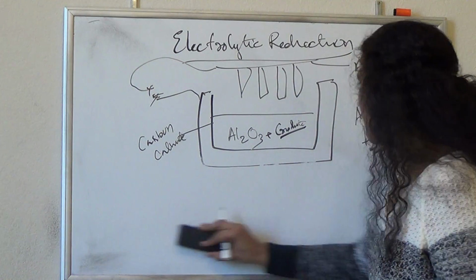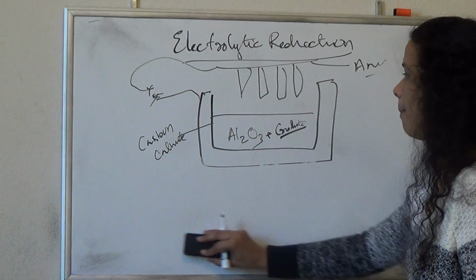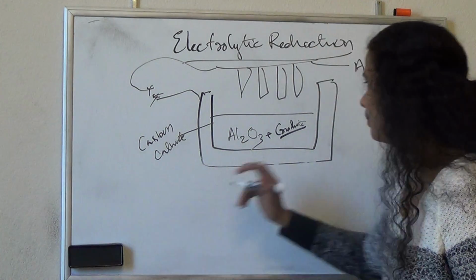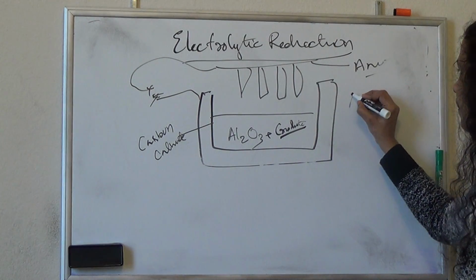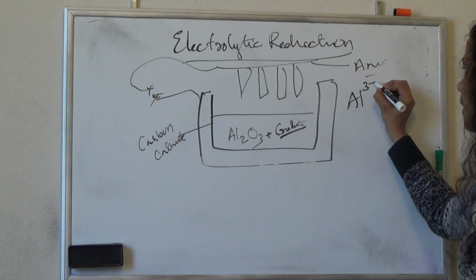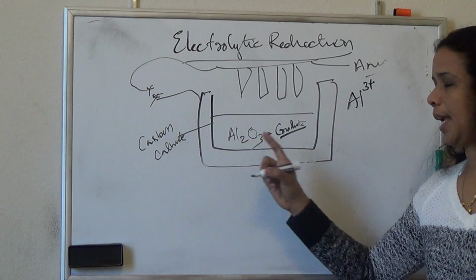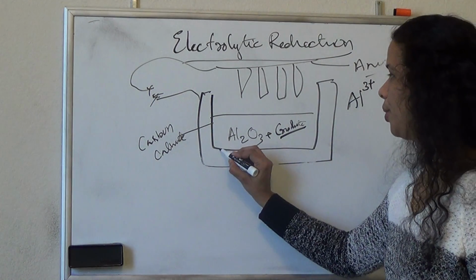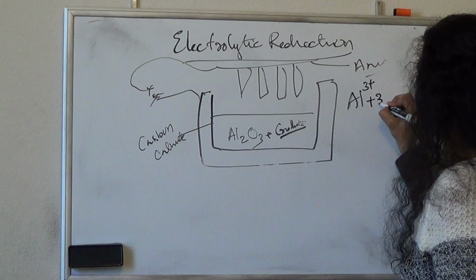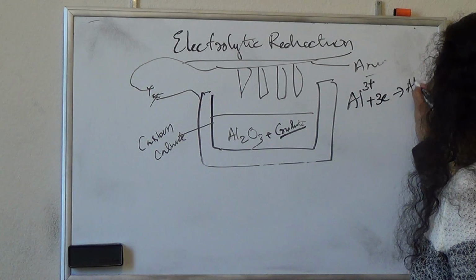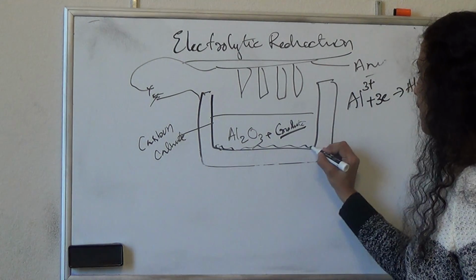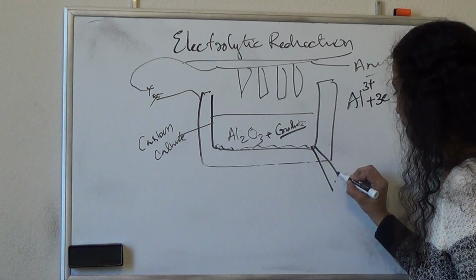So during the application of electricity, the Al2O3 contains Al3+ ions. They move to the cathode, accept 3 electrons, get reduced and are deposited there, and we can separate it by using a valve.